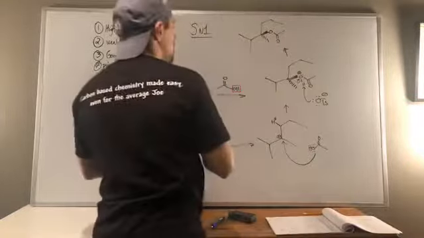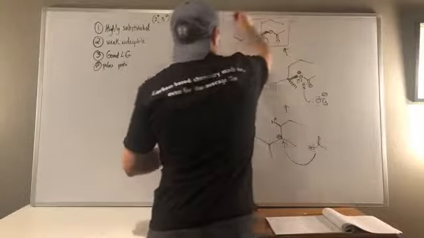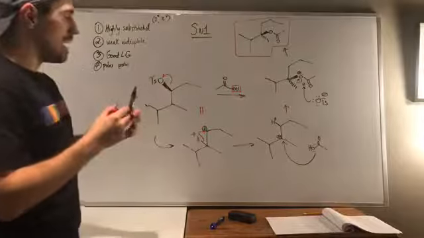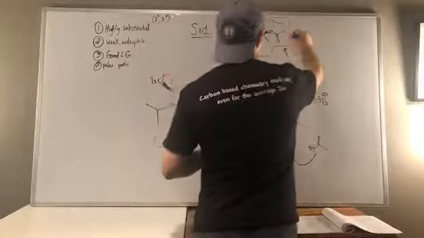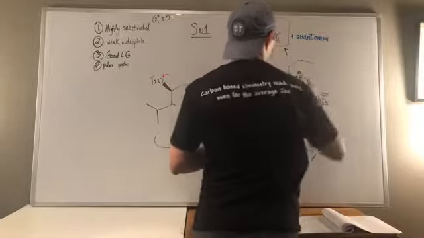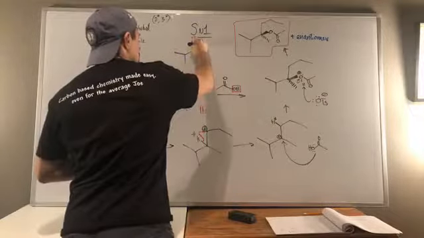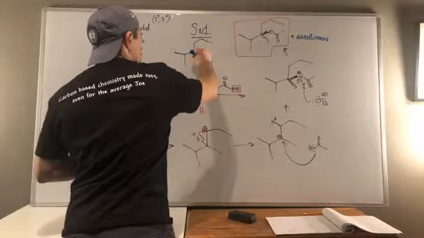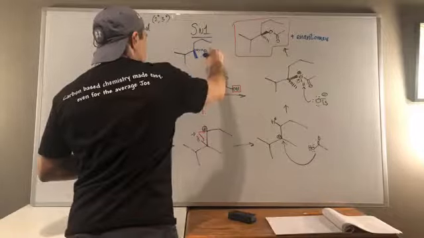Okay, this is our final product, and because we produced the enantiomer in an equal amount, what I think is the best thing to do is on a test just write plus enantiomer, or actually draw the whole structure, which would look like this. This would be a wedge. This would be a dash.